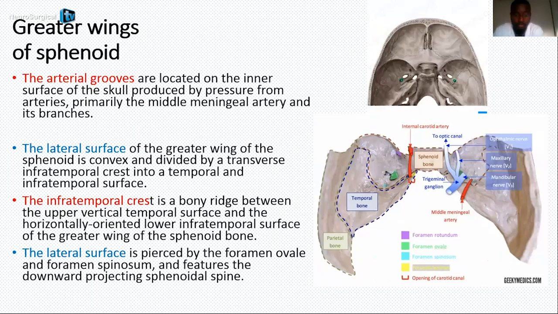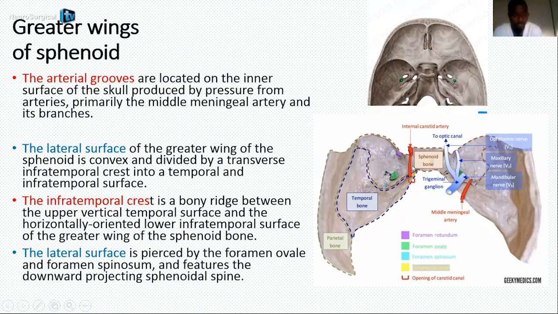The lateral surface of the greater wing of the sphenoid is convex and divided by a transverse infratemporal surface. The infratemporal crest is a bony ridge between the upper vertical temporal surface and the horizontally oriented lower infratemporal surface of the greater wings of the sphenoid bone.